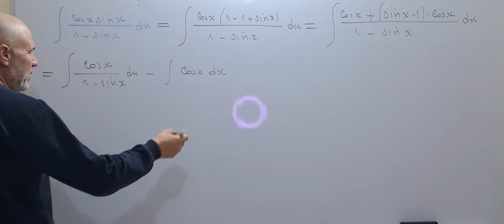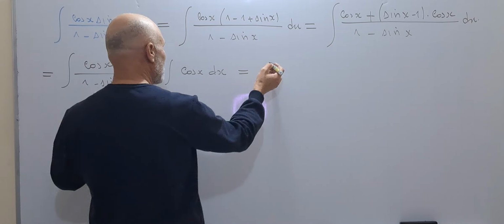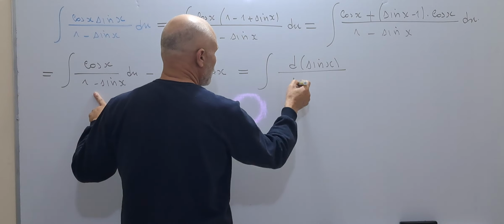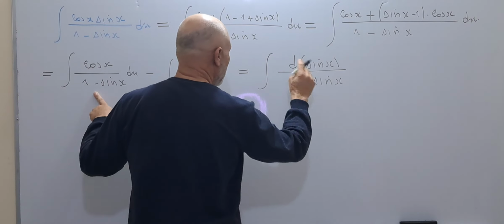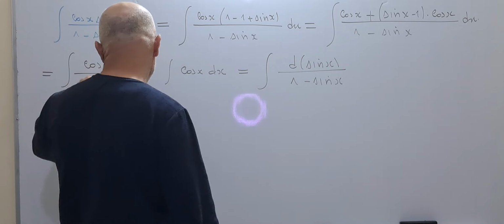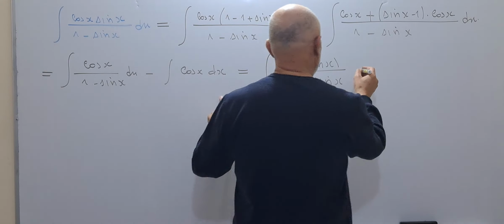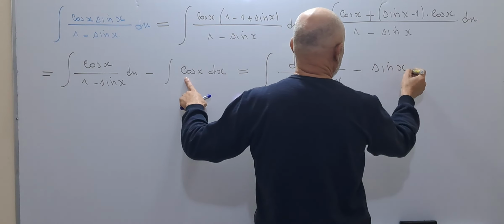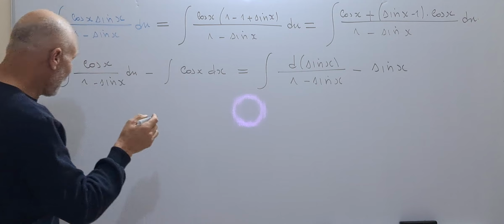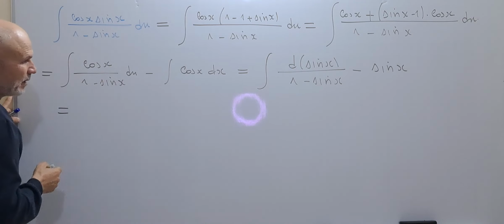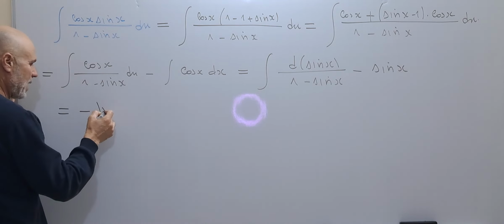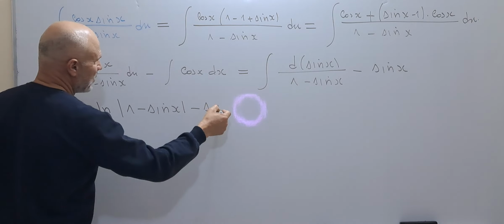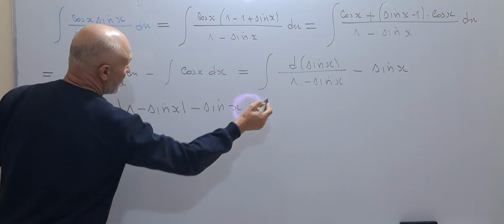The first one is d sine x over 1 minus sine x, since the derivative of sine is cosine. Minus the integral of cosine, which is sine x. This is exactly minus ln absolute value of 1 minus sine x, minus sine x, plus a constant.